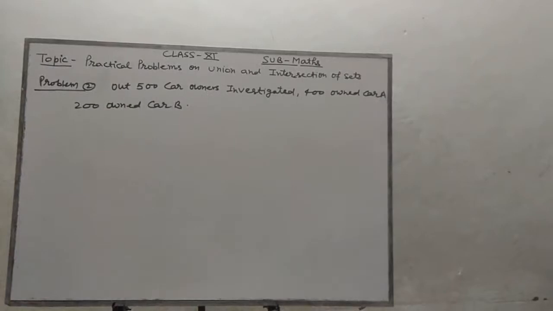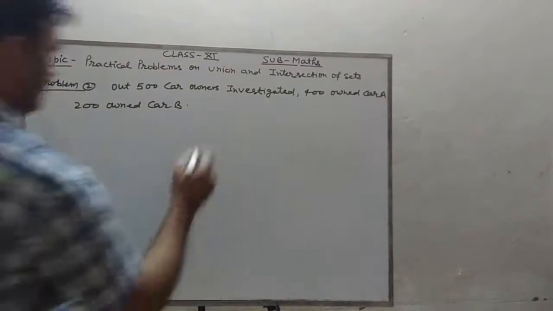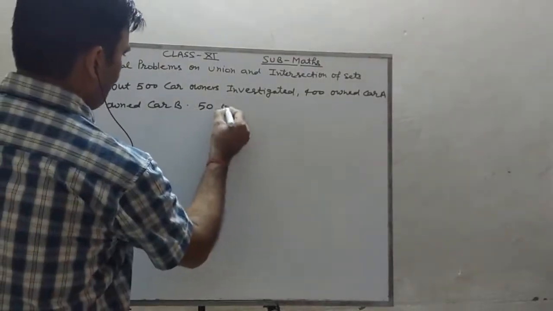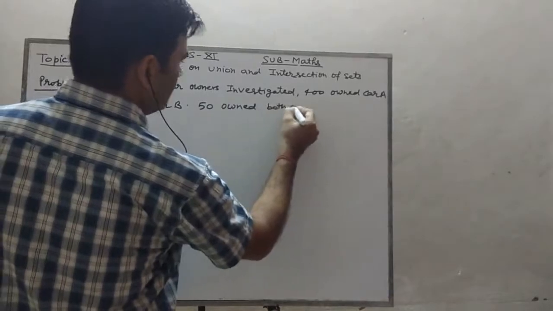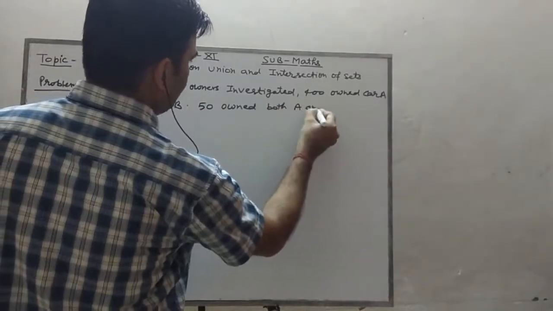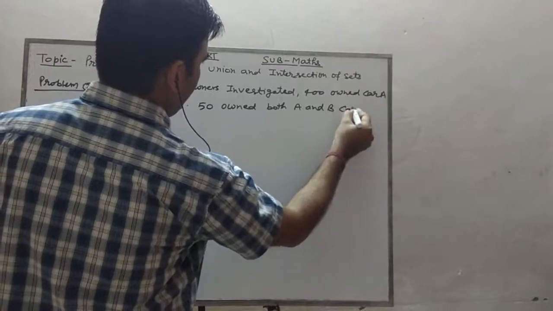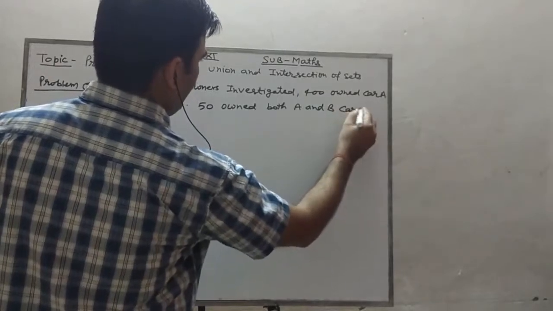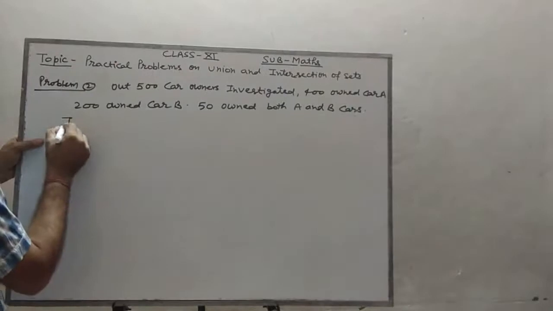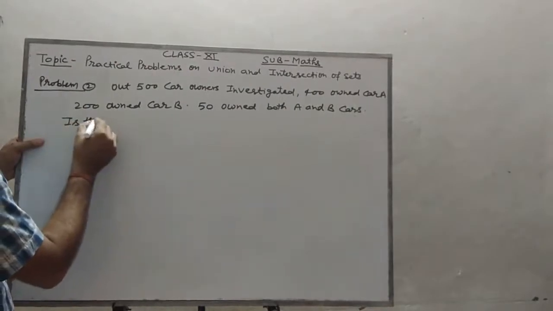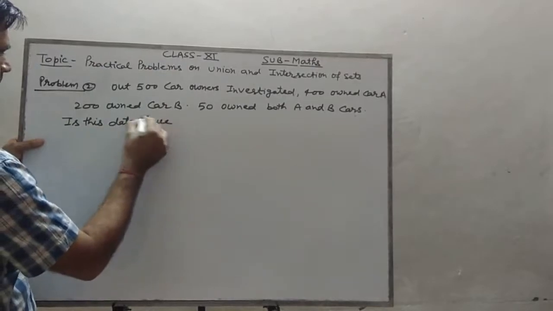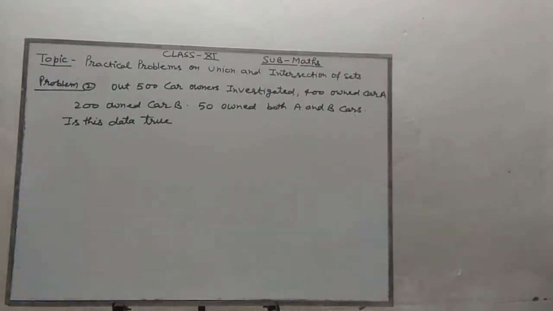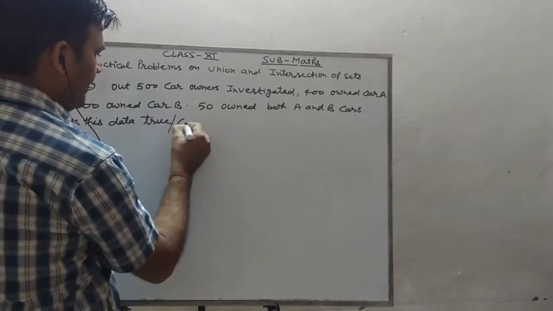Car B. 50 own both A and B cars. Is this data true or correct?